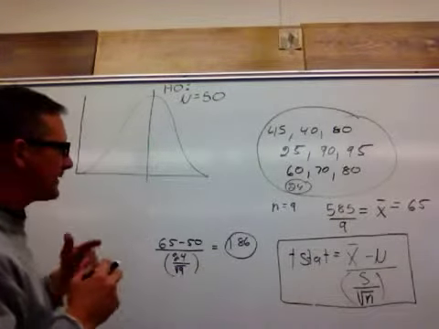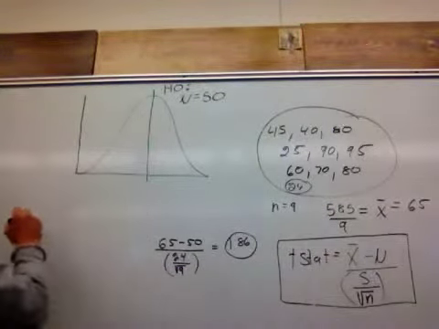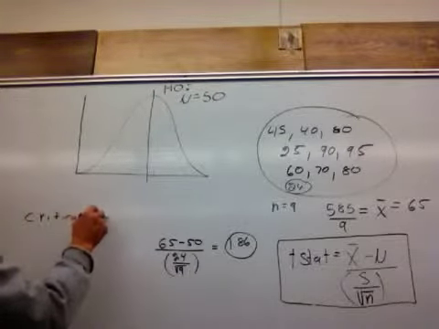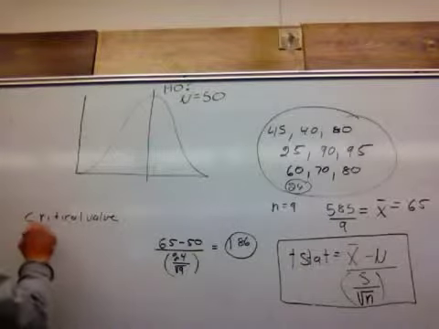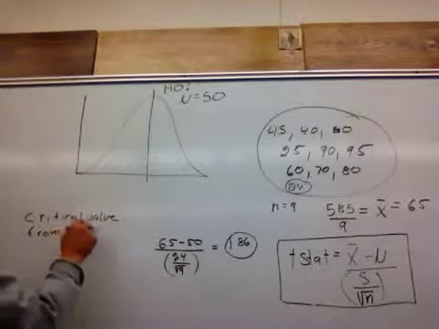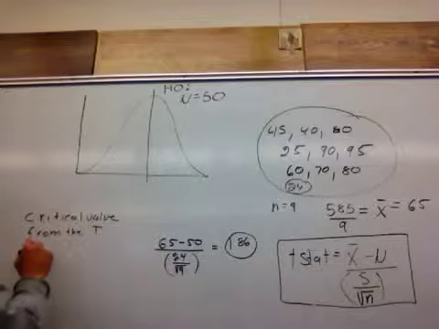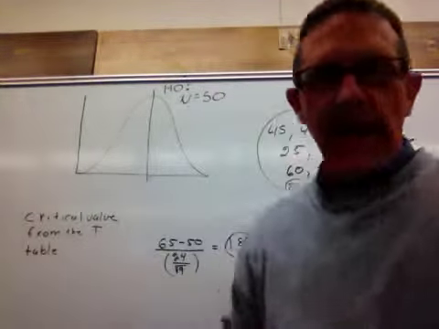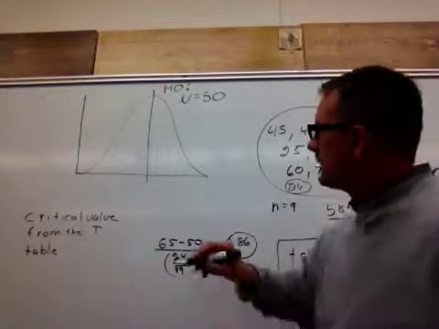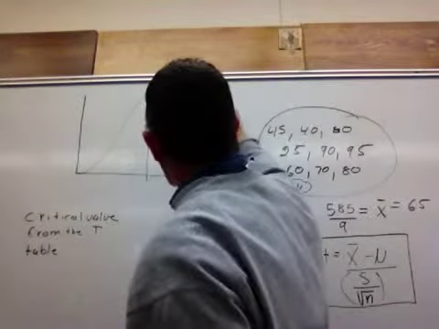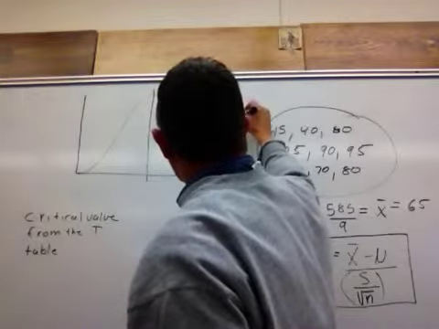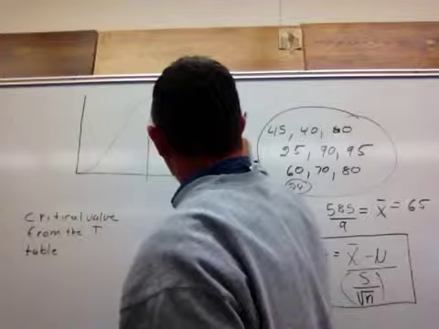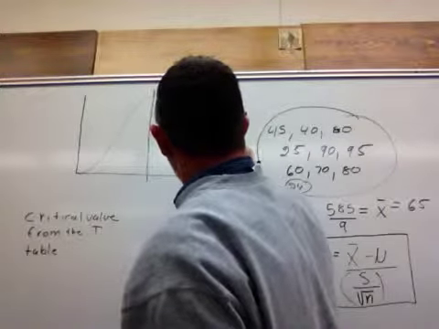The next step is to find the critical value from the t-table. If I go to the t-table and look for the two-tailed critical value, remember our alpha, in this case, is 0.05.